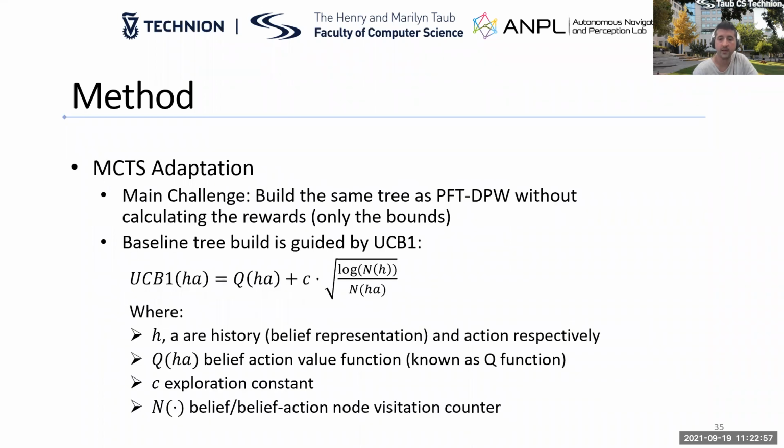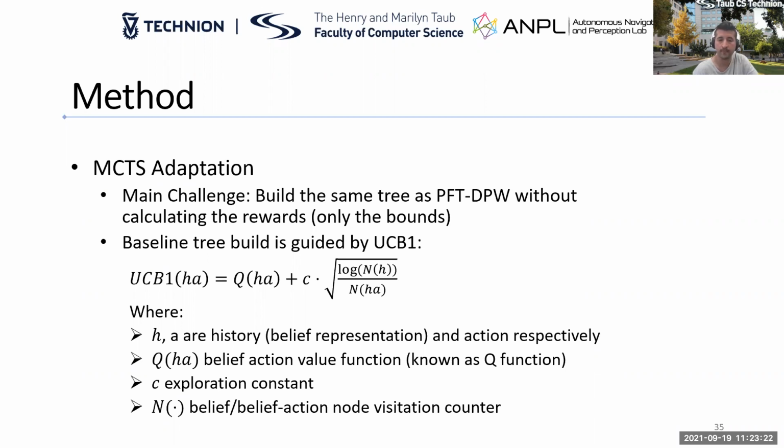Since the tree is built incrementally in MCTS methods, our main challenge was to assure our approach builds the same belief tree as PFT-DPW. This is quite challenging since PFT-DPW builds the belief tree using the UCB heuristic, which requires direct access to the Q function approximation, which is acquired by summing belief nodes' rewards, which we don't have access to anymore.